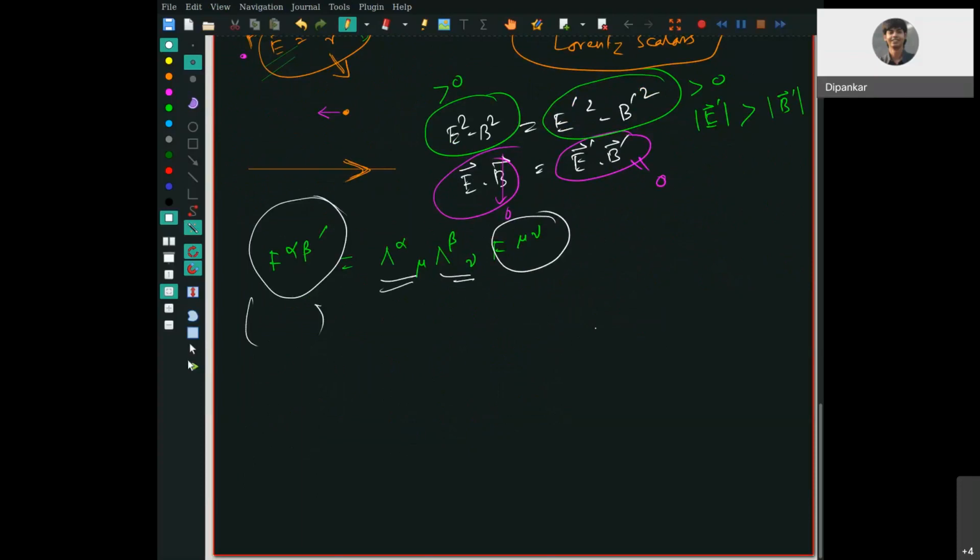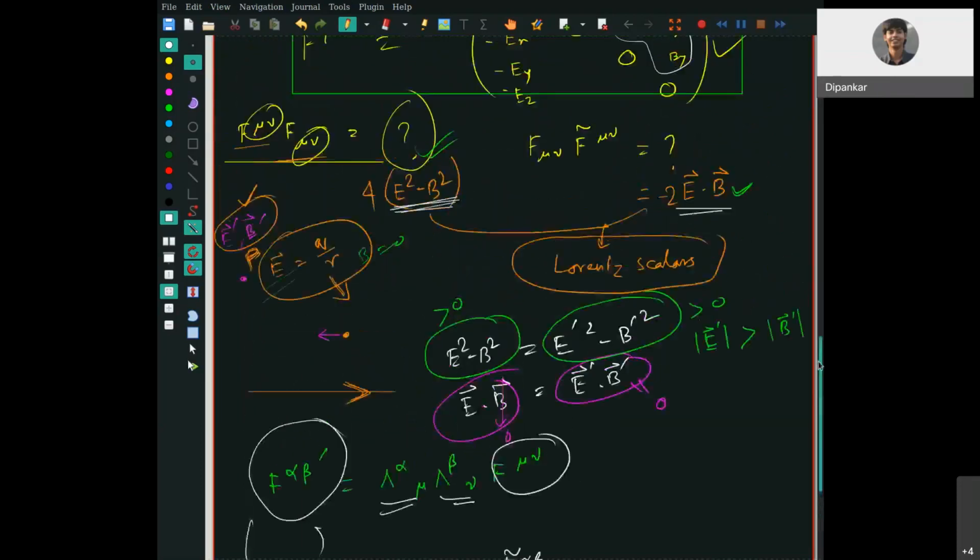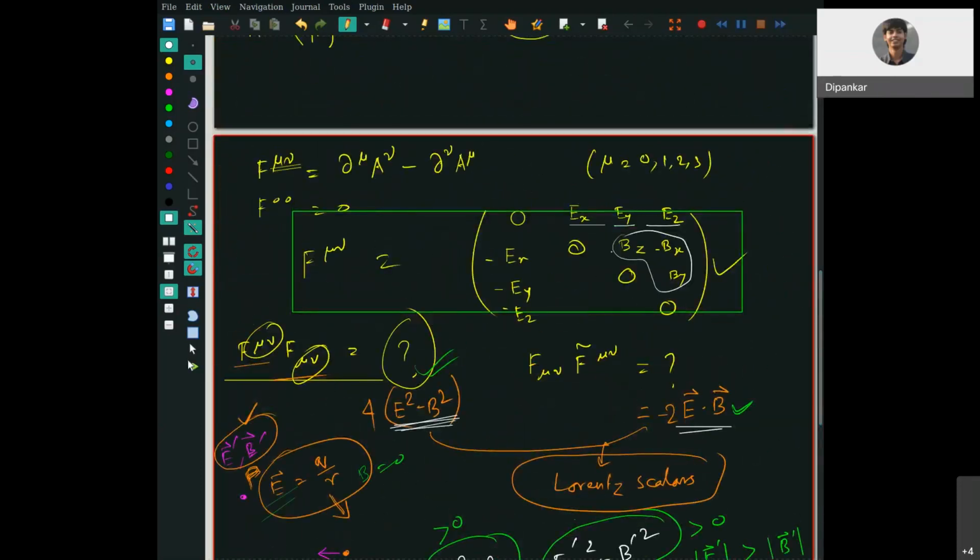So it's epsilon with 4 indices, and that F mu nu. Yes, so I defined it actually already. So F alpha beta tilde is basically, if you calculate F alpha beta tilde and you express the four components, you will see the roles of E and B are interchanged.